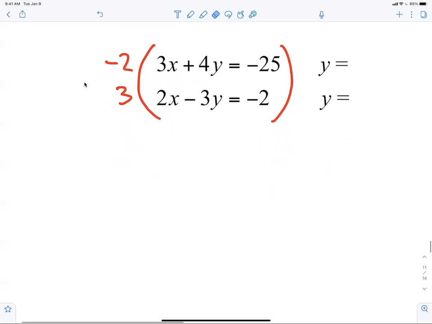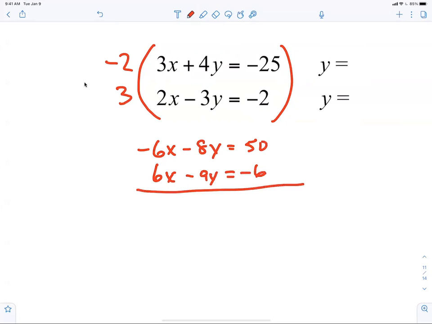So here we go. -6x minus 8y equals 50. 6x minus 9y equals -6. This one's kind of annoying because it's a fraction.